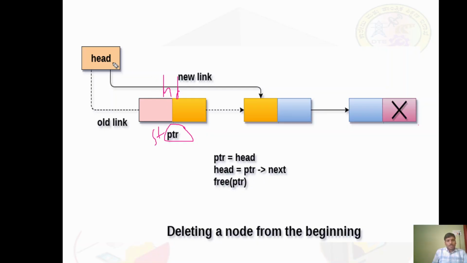So this header is equal to pointer next. Pointer next is here. So it is made to point to the second node instead of this link. This is the old link, this is disconnected. Okay, and free the pointer. This pointer has to be freed. Hence now the first node is deleted and this is the latest list. Okay students, that is deleting a node from the beginning.